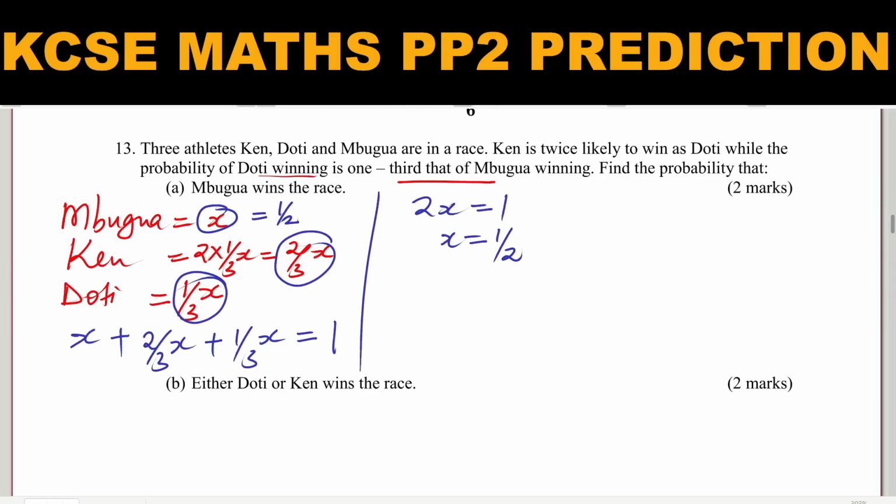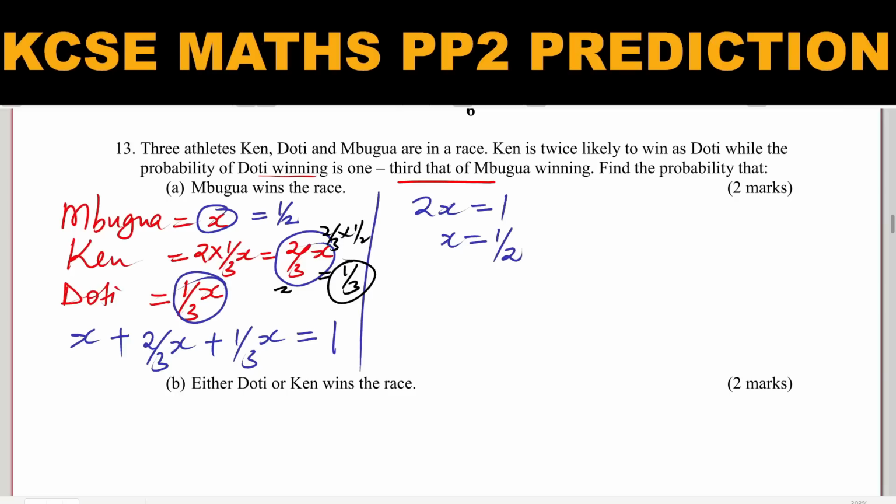Then Ken will be 2/3 times x, that is 2/3 times a half. This will be 2 divided by 6, and you can simplify that one to a third.